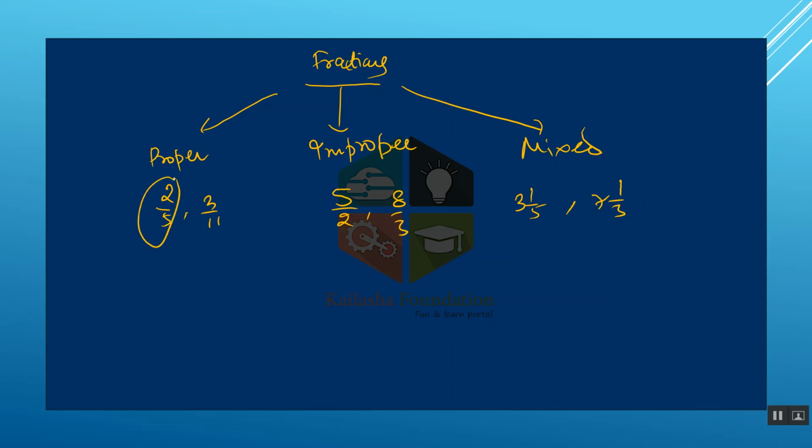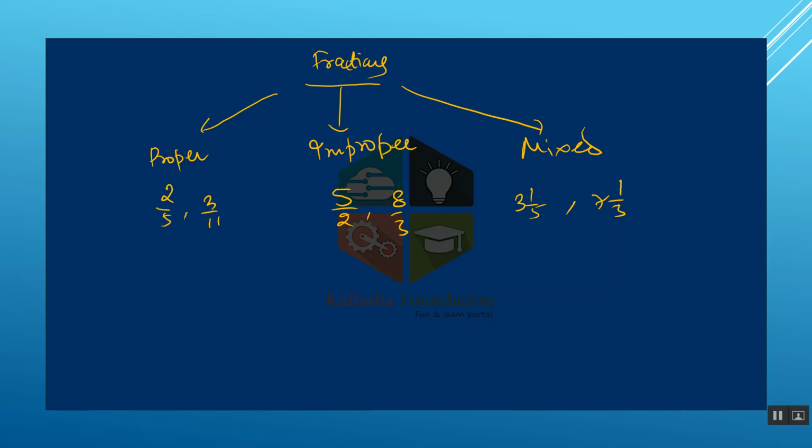Why is this a proper fraction? The numerator, the upper part, is lesser than the denominator. The numerator being lesser than the denominator is a proper fraction. Numerator greater than denominator is an improper fraction.